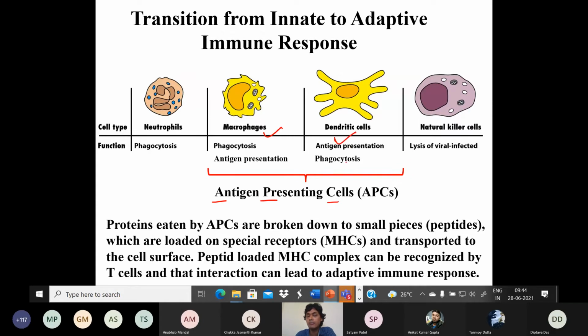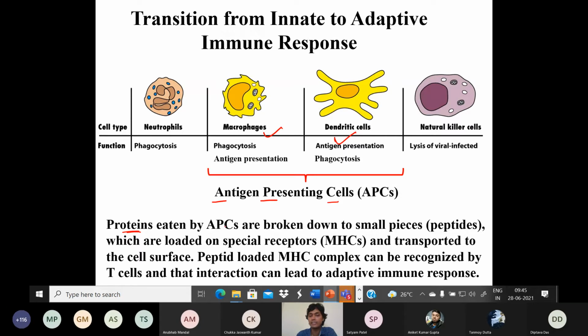How will they present antigen? Because they engulf those pathogens, they destroy those pathogens, and that is what we are talking about. Proteins eaten by APCs, not just proteins, that means the whole pathogen, right? Whole pathogen, and inside the pathogen, that means in bacteria, you have many proteins. So those proteins we are talking about, the foreign proteins.